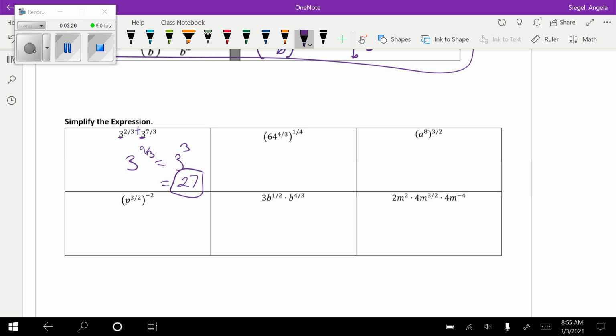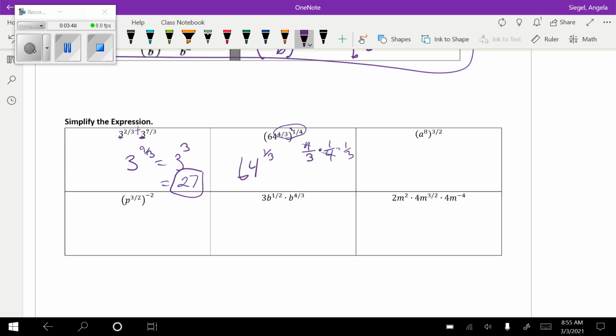Okay, the next one, we are raising a power to a power, so we're going to multiply. Let's see, 64, and 4/3 times 1/4. These cancel out, and I'm left with 1/3. So it's 64 to the 1/3 power.